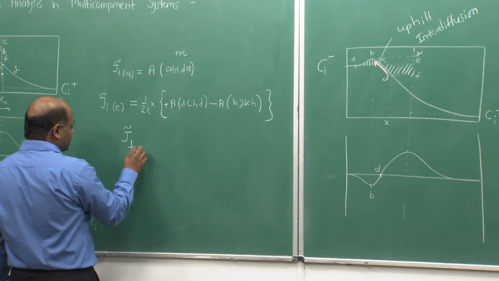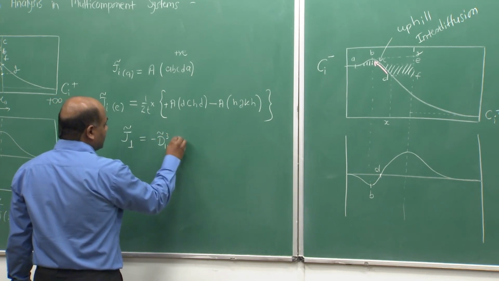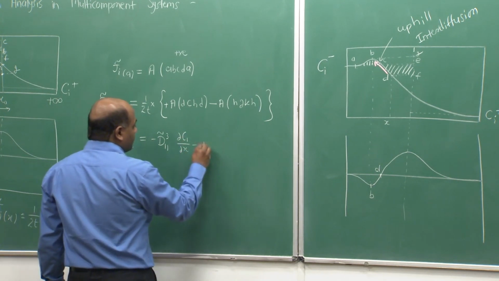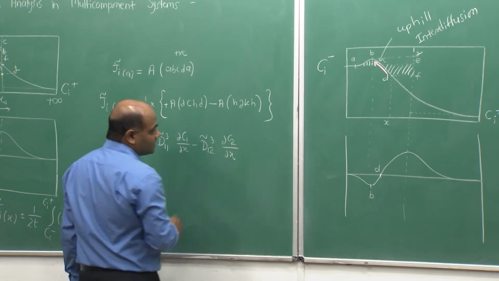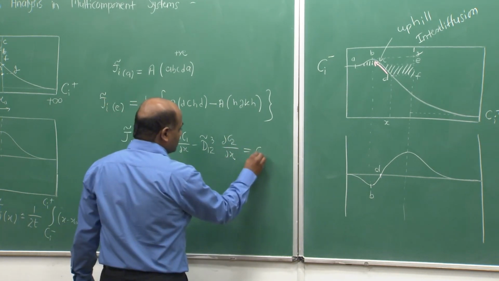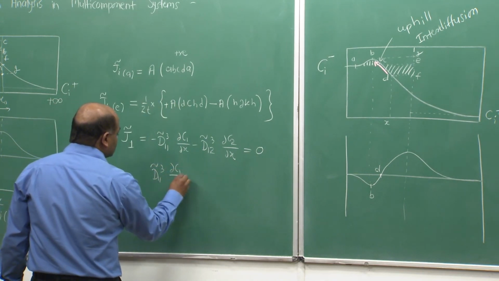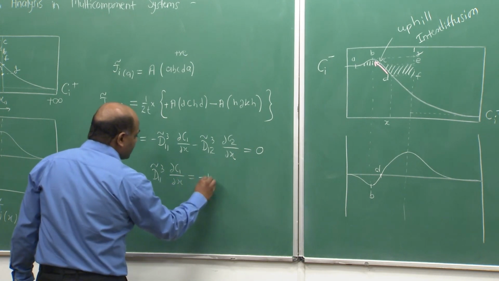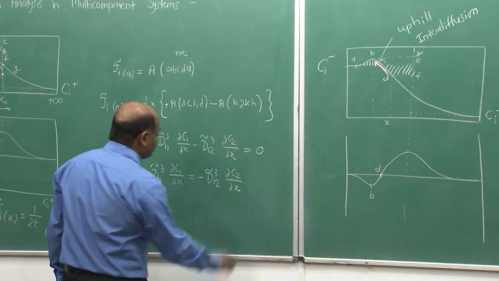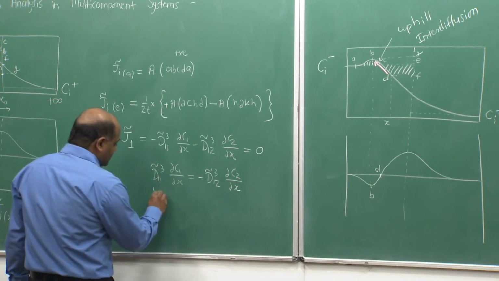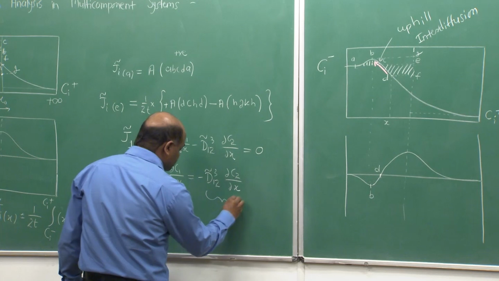In a ternary system, for example, J1 tilde is given by J1 tilde is equal to minus D11 tilde 3 dou C1 by dou x minus D12 tilde 3 dou C2 by dou x, and where the flux is 0 we have D11 tilde 3 dou C1 by dou x is equal to minus D12 tilde 3 dou C2 by dou x, which means the main term is equal to the cross term.